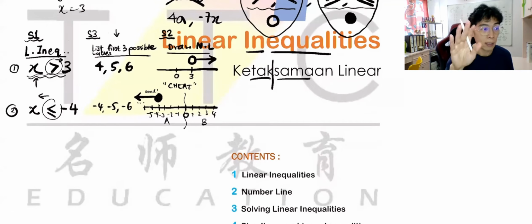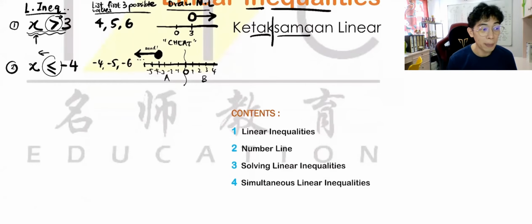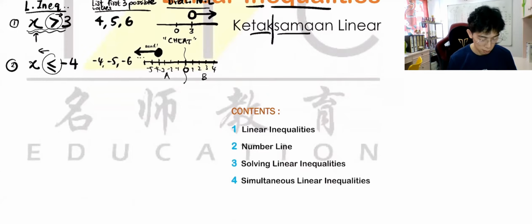Okay, now everyone, can I skip the number line? When you write numbers, you put 1, 2, 3, 4.